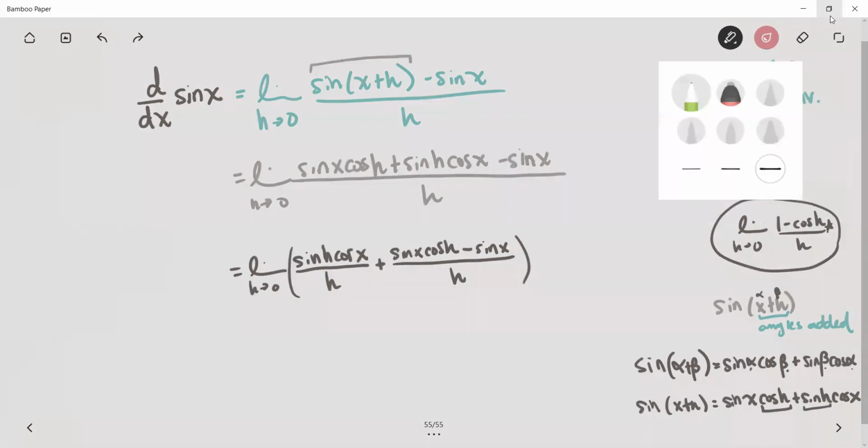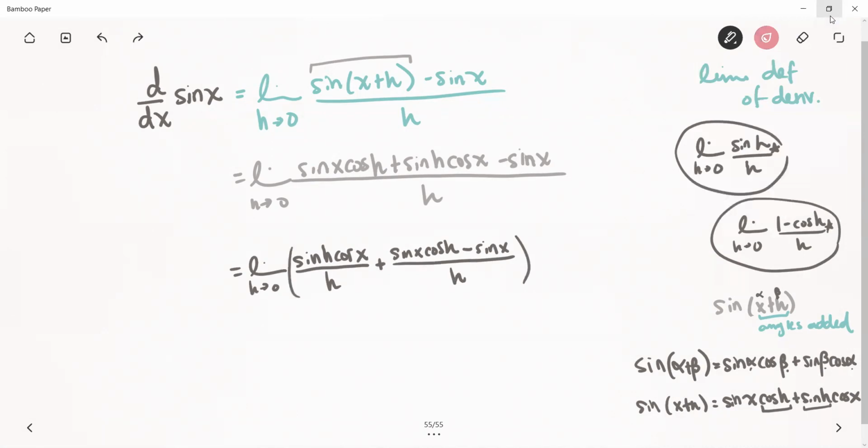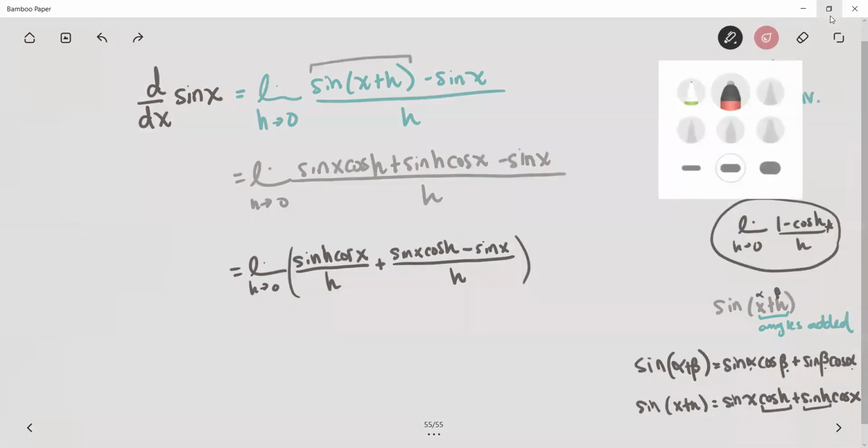And now that I've rewrote it this way, do you see how both of these have a sine of x in common? That's kind of nice because I'm thinking if I factor out the sine of x, then I'll probably get something that looks like this, which is what I want ultimately. So it was kind of good that I rewrote it that way because now I really see, hey, these have a common factor. Let's go ahead and factor that out, right?